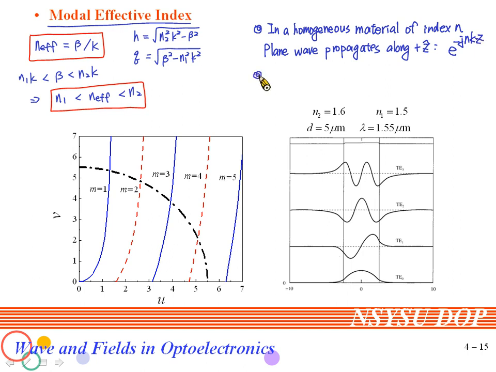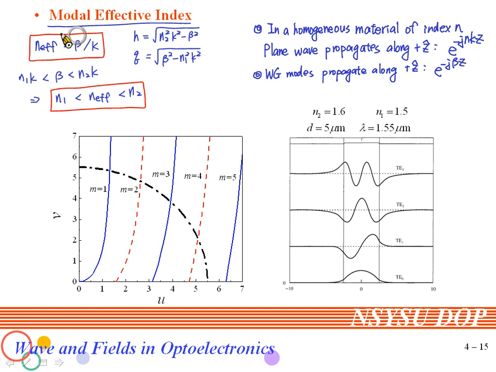And now let's consider waveguide modes. If the waveguide axis is along the z direction, the waveguide modes will also propagate along the positive z direction. And we have learned that the z dependence of the waveguide modes can be written as exponential minus j beta z.